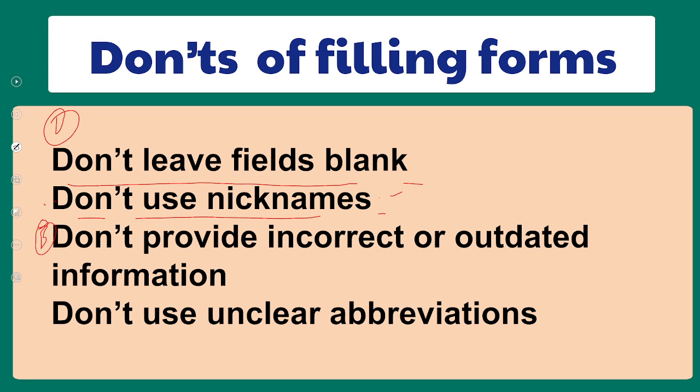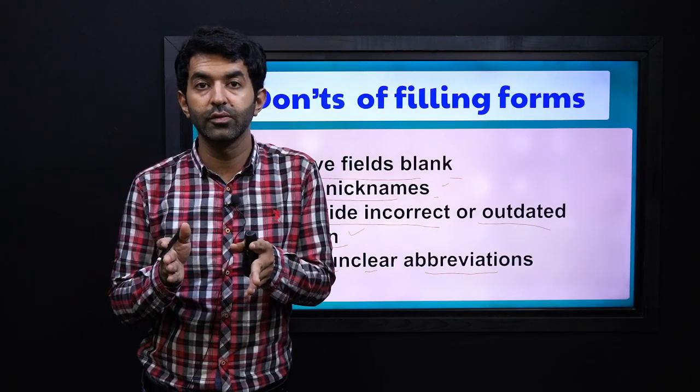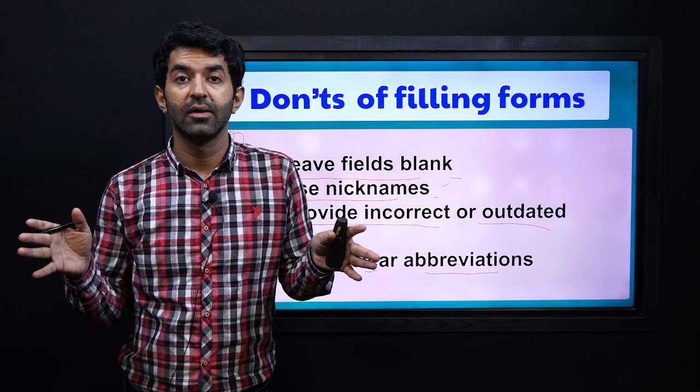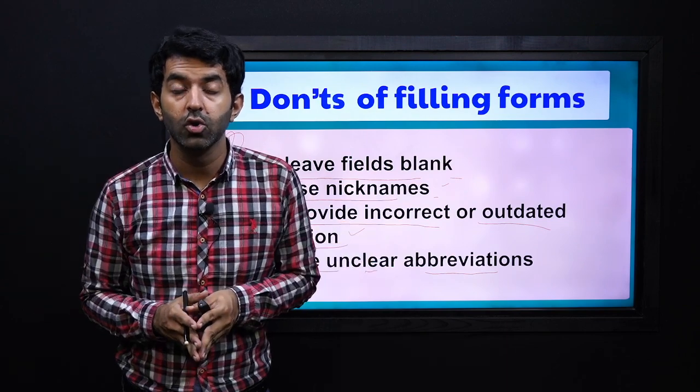Then don't provide incorrect or outdated information. The information should be correct and also up to date. Next, don't use unclear abbreviations. If you're using abbreviations and short forms, do not use them if they are not clear to the reader of the form.